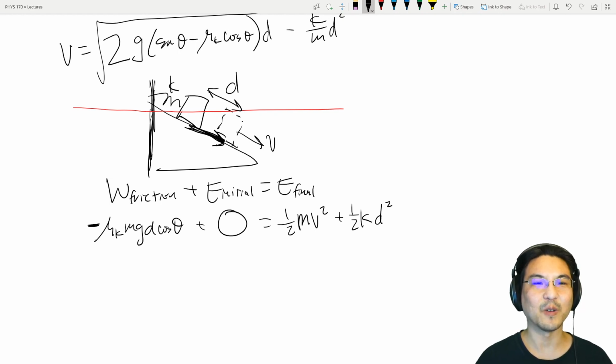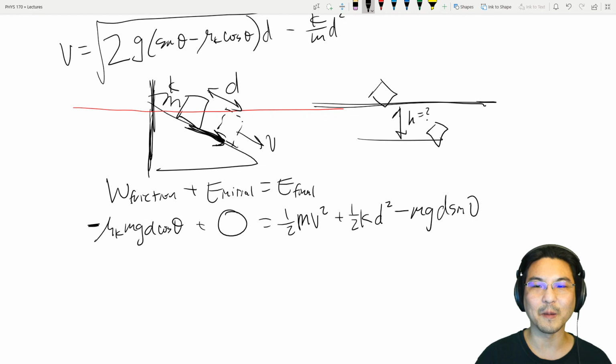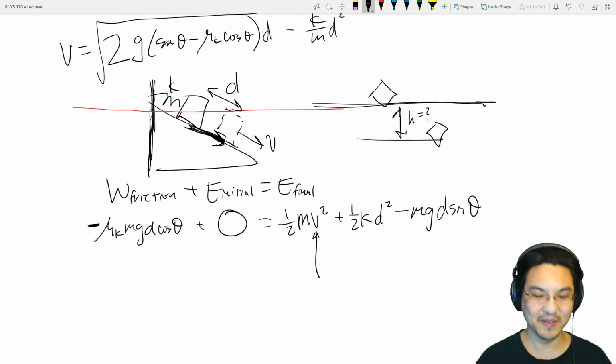Okay, and then now gravitational potential energy, the block was here, now it's below the datum. Right? It's below the datum by this much. And that would be negative mg, and then h would be d sine theta. Okay, so if we want to solve for the speed, that's just right here.